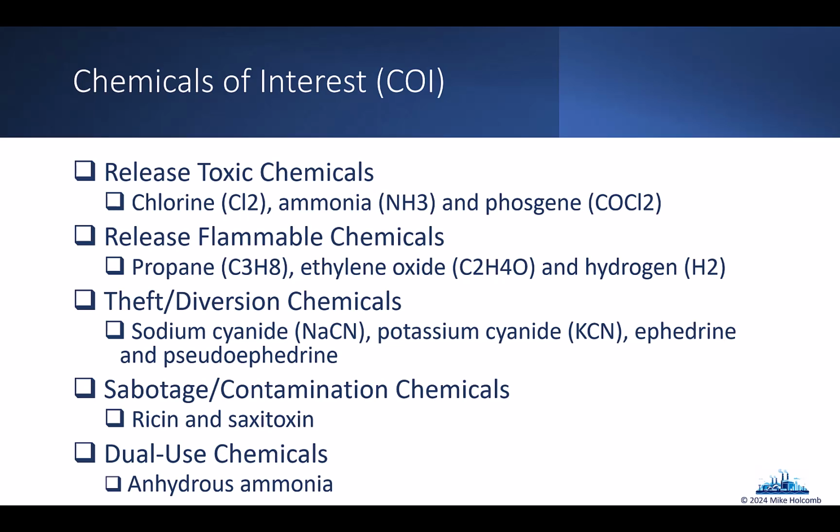If it's some type of toxic chemical that's released into the atmosphere, chemicals that are flammable, and then chemicals that can be used for theft and diversion, or sabotage, contamination, dual use chemicals, which I would think is maybe a lot of these, but again, I'm not an engineer and I'm not a chemist.